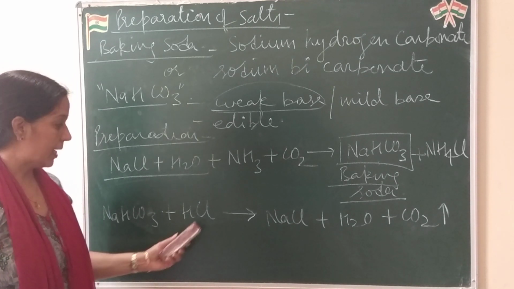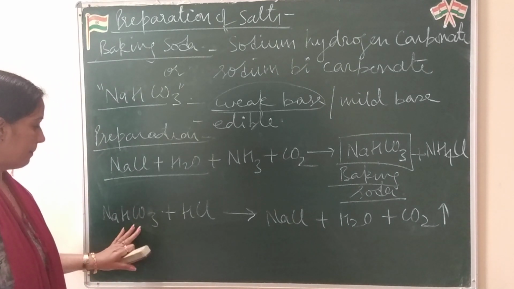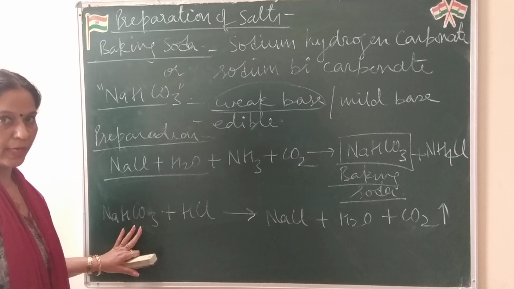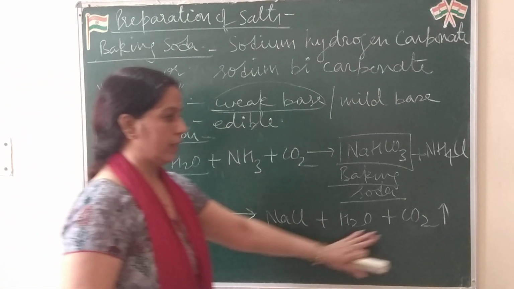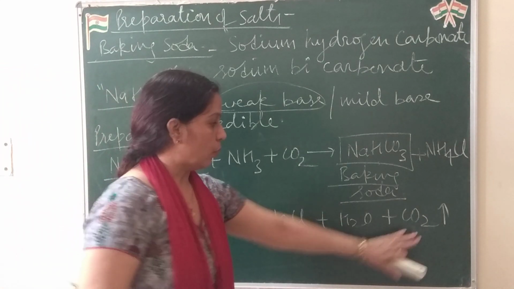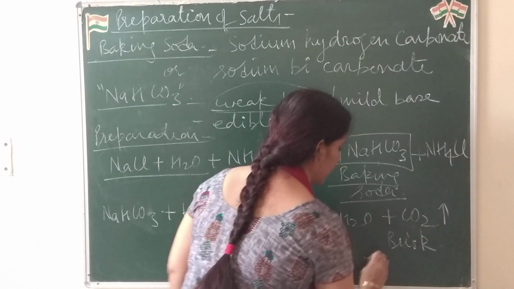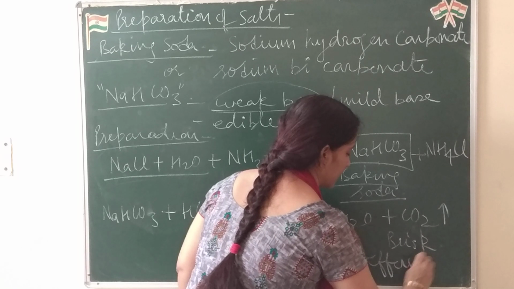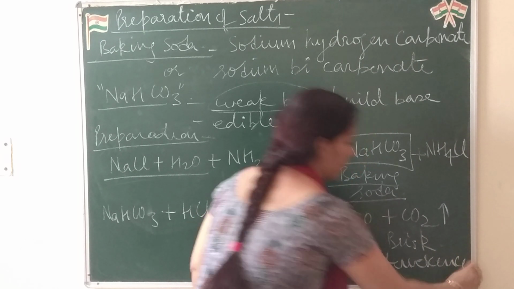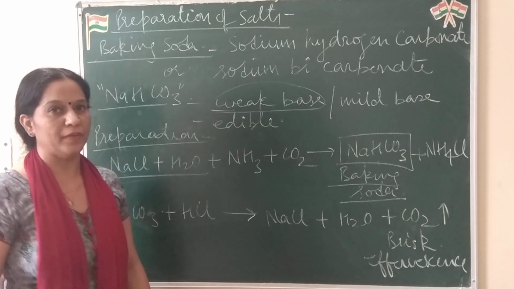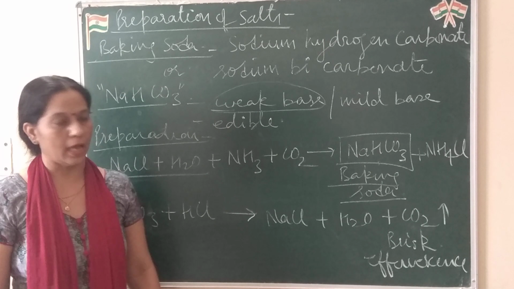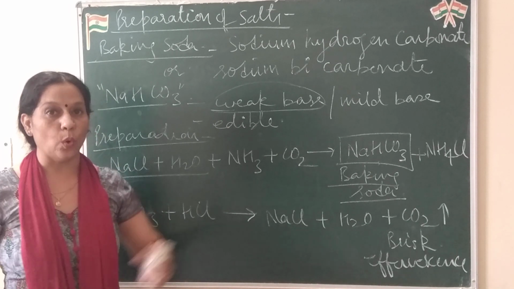In the properties of acids, acid reacts with metal hydrogen carbonate forming salt plus water plus carbon dioxide. And what is the observation of carbon dioxide? It gives brisk effervescence. Brisk effervescence means release of gas with bubbles and hissing sound, as it is released in cold drinks if you shake it.